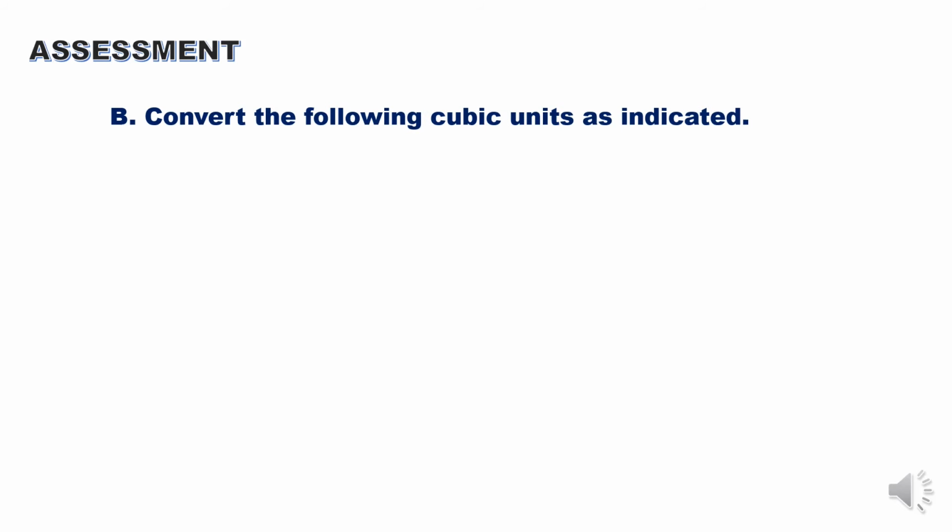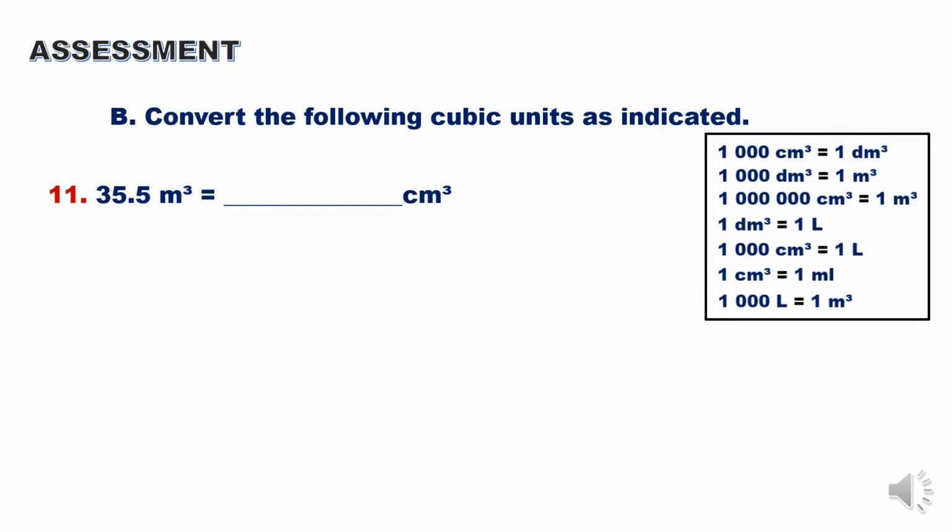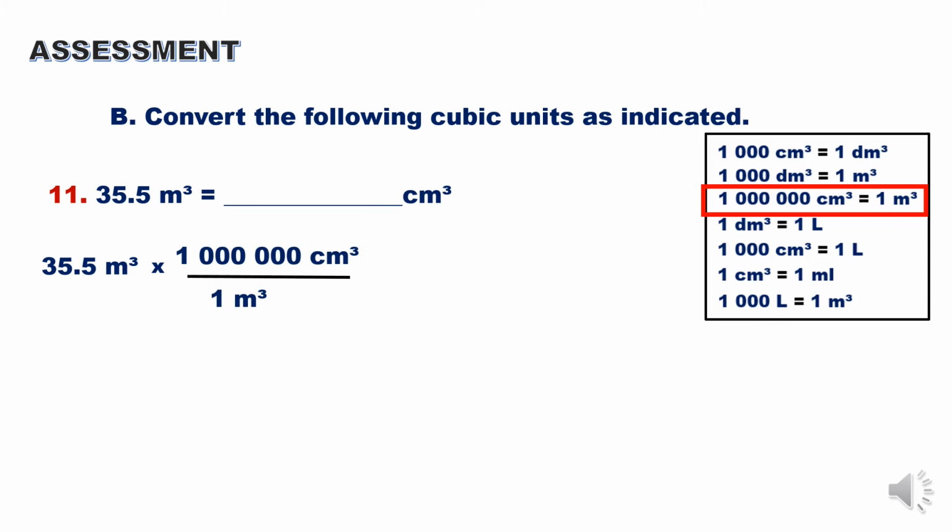Convert the following cubic units as indicated. Number 11, 35.5 cubic meters equals blank cubic centimeters. Again, gamit ang conversion. Cubic meter to cubic centimeter or cubic centimeter to cubic meter. So, multiply. So, ang ating denominator ay yung may cubic meter. Then, cancel.